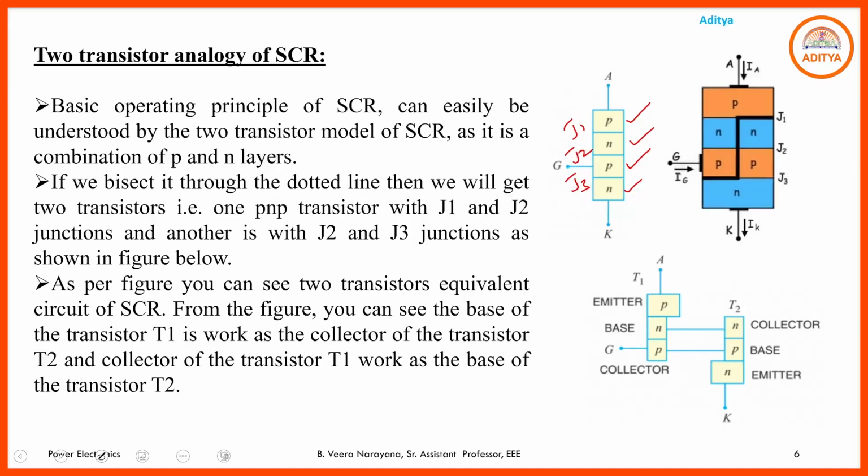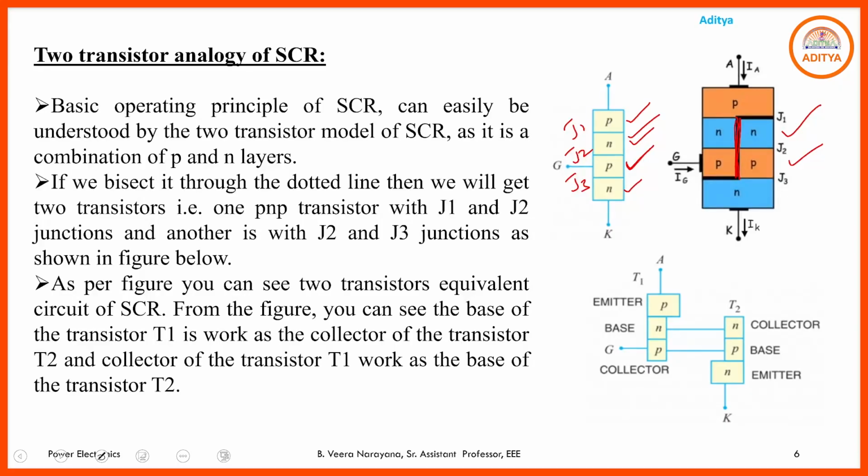And if you go through the transistors, we have BJT transistors, NPN and PNP. So here the actual structure of the SCR is P N P N. Here the inner 2 layers, N and P, can be bisected into 2 halves as shown in the figure.